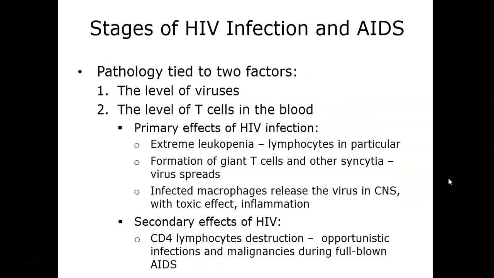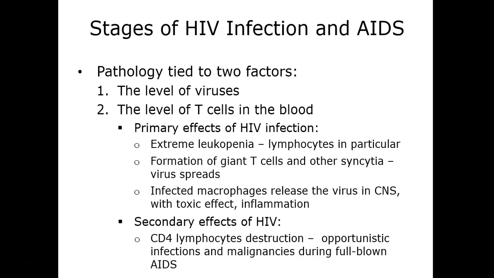So let's talk about the stages of HIV infection and ultimately the production of AIDS. So the pathology of the virus is tied to two factors: the level of the viruses and also the level of T cells that are in your body currently.